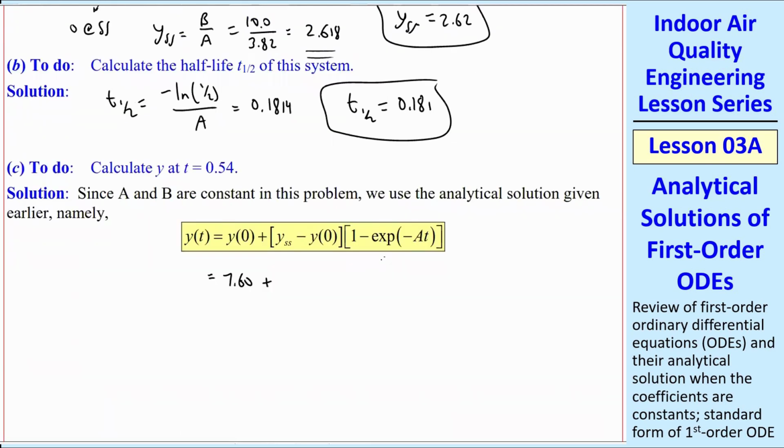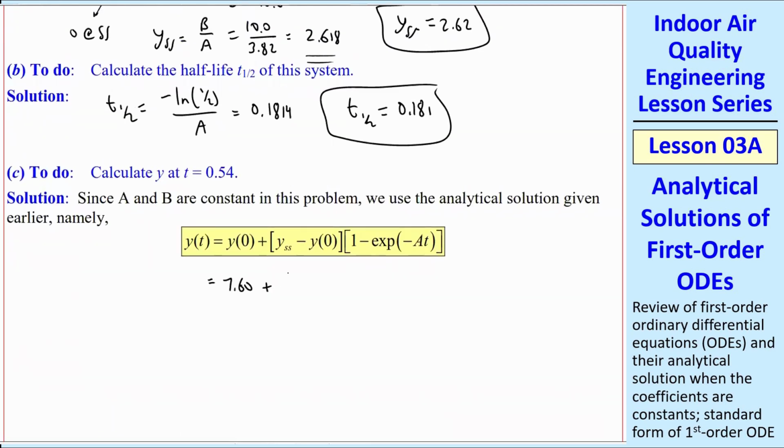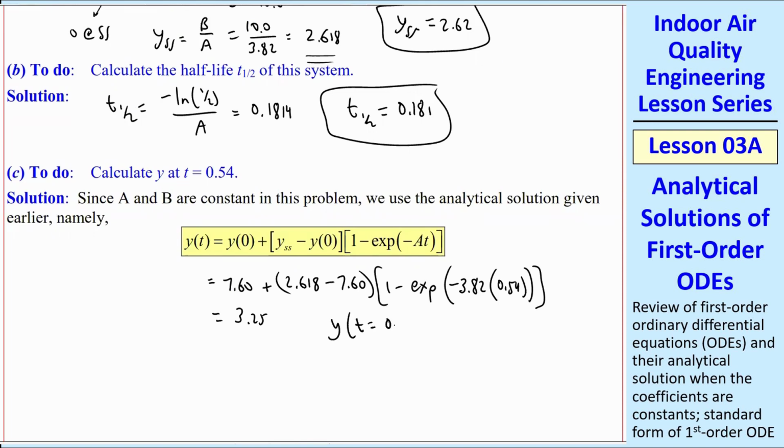I'm going to use more digits than my report because I don't want to have round-off errors. So typically I use at least one more digit in my calculations. Minus y0 times 1 minus e to the negative a, negative 3.82 times t is 0.54. And when you plug that in, you get 3.25. So y at t equals 0.54 equals 3.25 will be my final answer.